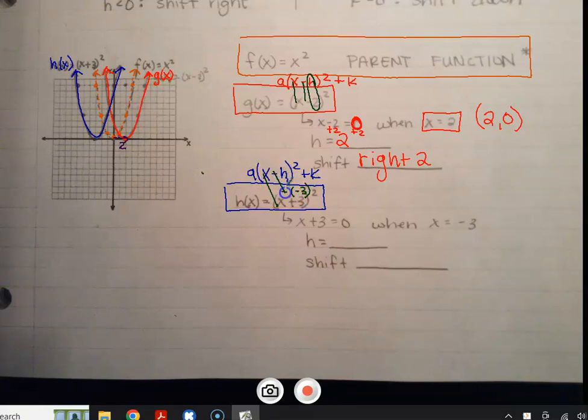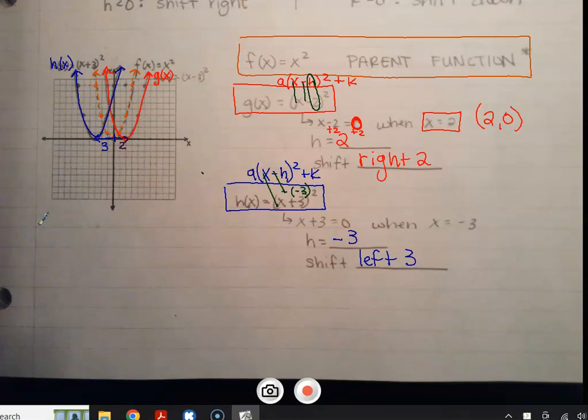So then our minus can cancel, and that makes our h value actually a negative 3. Which means we're going to shift our parabola left 3 places, which is exactly what happened. Again, from the parent function, we went left 1, 2, 3 places. Okay, we shifted it left 3. And we just graphed the same parabola. Okay, we just shifted it a little bit.